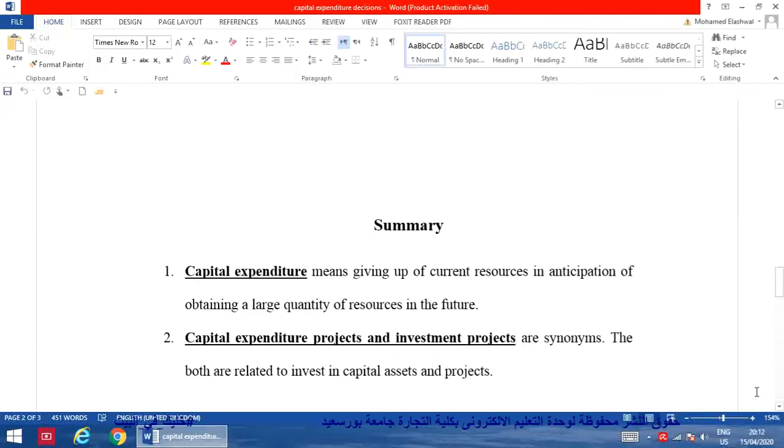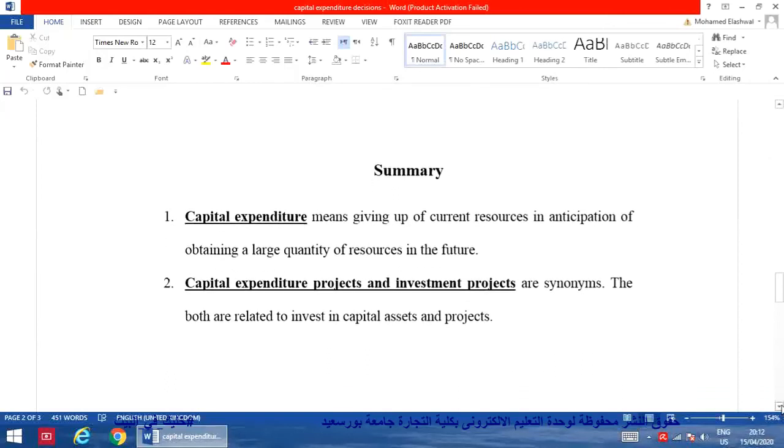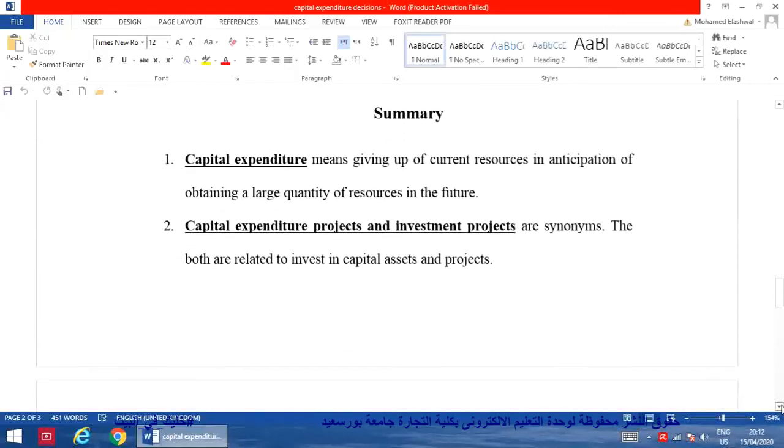Here we have some main terminologies in this chapter. Capital expenditure means giving up of current resources in anticipation of obtaining a larger quantity of resources in the future.